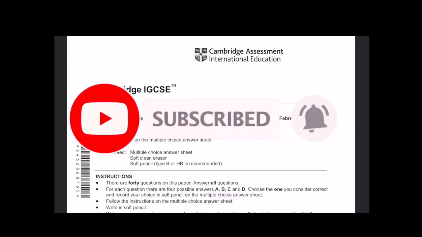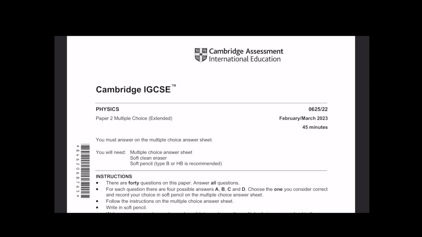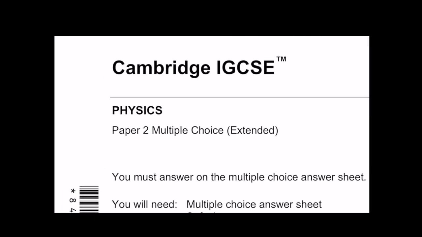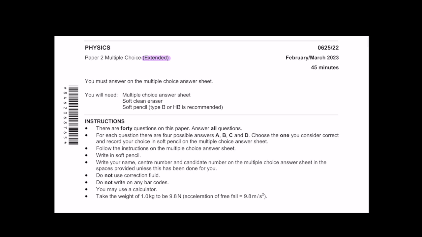This is the front page for the exam, paper 2 exam. Actually, make sure when you receive the paper, it's extended, as you can see here. And you know the instructions, still many years without any change, but it's very important to read it before you start.